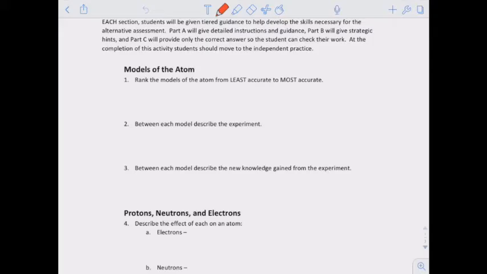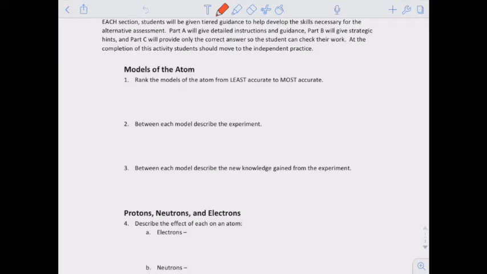Ernest Rutherford, with the Rutherford gold experiment, determined that there was a dense, positively charged nucleus with the electrons surrounding it. And then Niels Bohr looked at the energy level diagrams and absorption spectrum, which discovered the quantized energy levels.